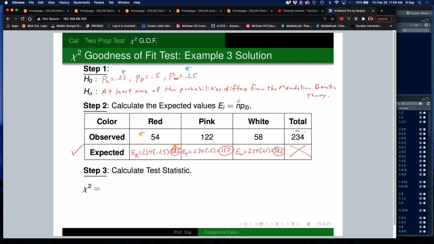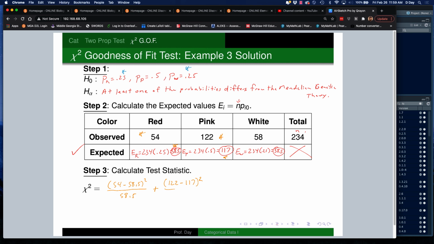So the first entry is going to be 54 minus 58.5, squared, divided by 58.5. Then we're going to add to that the observed value from the pink, which is 122, minus its expected value, which is 117.